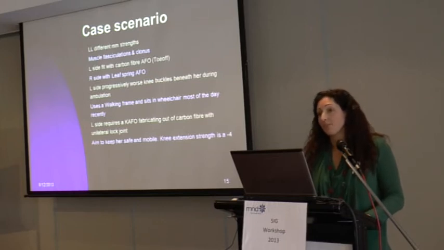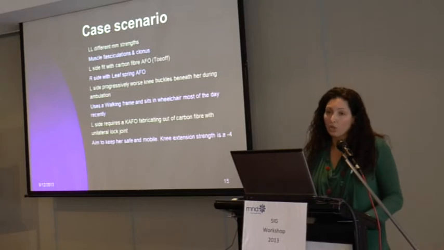If it can't be achieved with the AFO, an orthotist has to look at bracing the leg past the knee, and that's what I'm looking into at the moment. I've almost finished fabricating a knee ankle foot orthosis which locks when she's standing so she can walk safely.